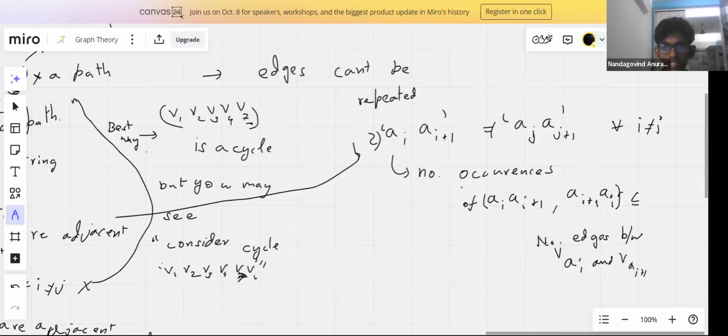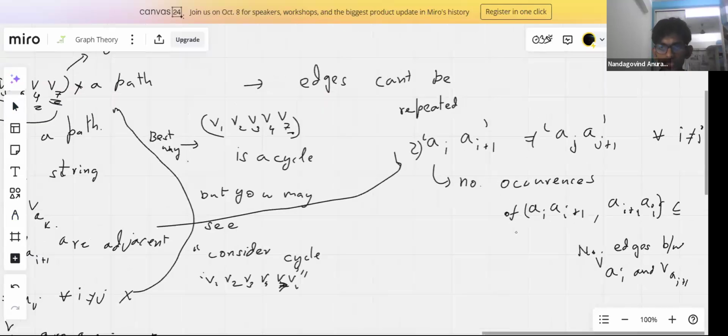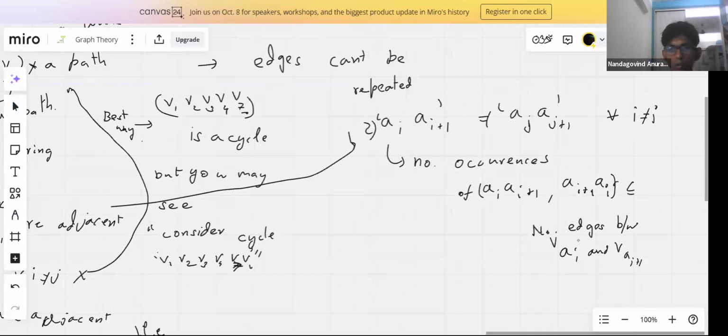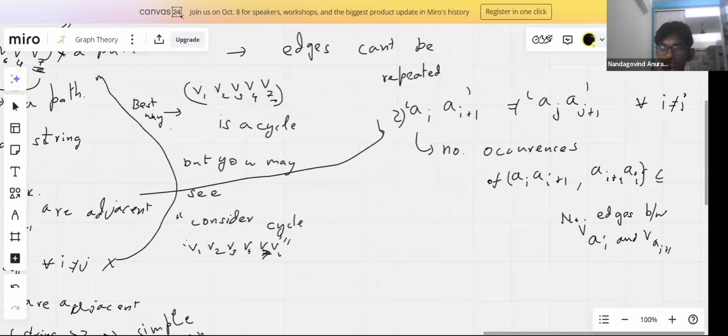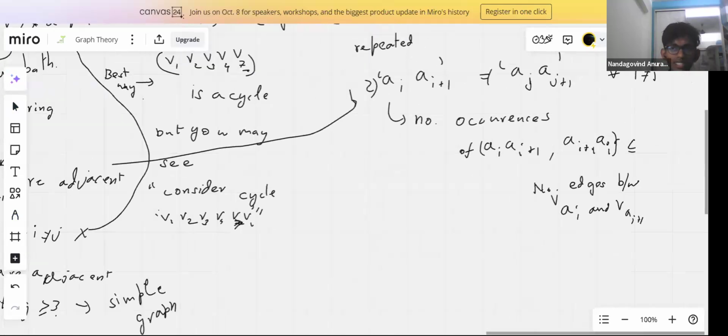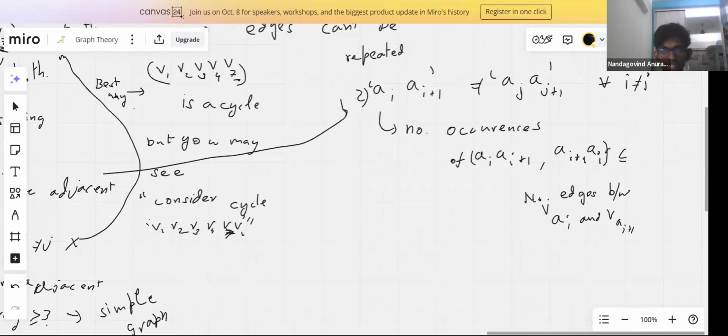So this is for a graph that is no longer simple. But in the case of a simple graph, this is 1, because a_i and a_{i+1} are adjacent. So that will force the number of edges to be less than or equal to 1. Does this make sense for a not-so-simple graph? Okay, cool.